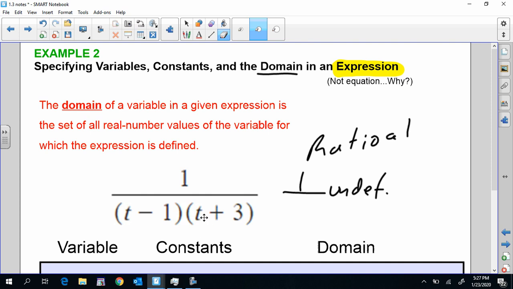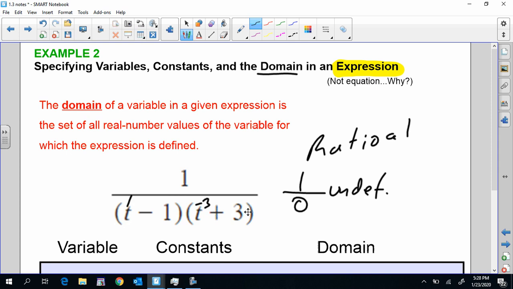I hope you said -3, because -3 plus 3 is 0, and 0 times whatever would be 0, and we'd be talking about a denominator of 0 again. True? So when we talk about the domain of an expression, we identify what the restrictions are, -3, +1.